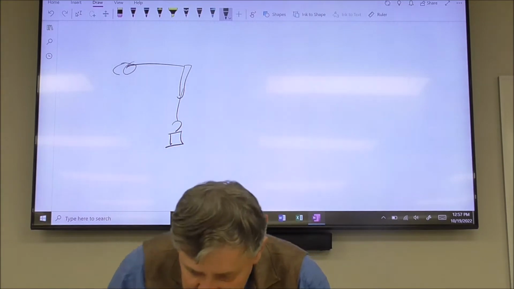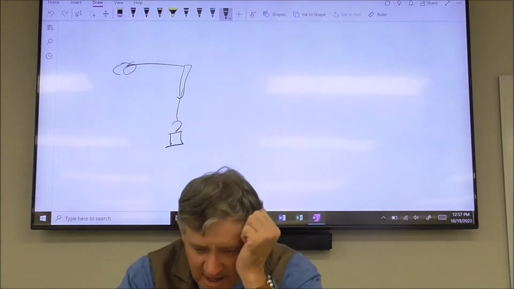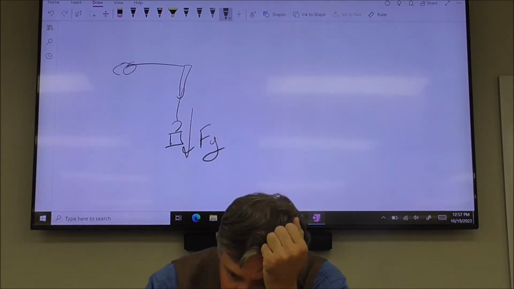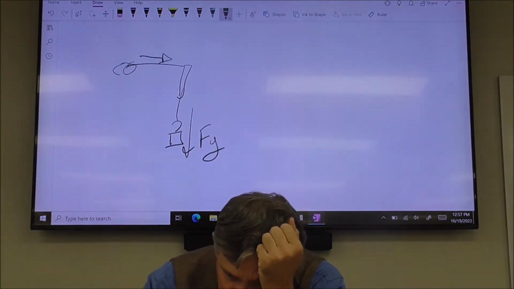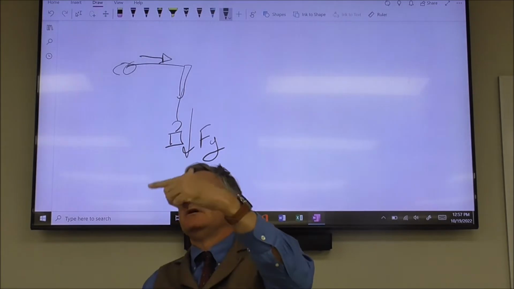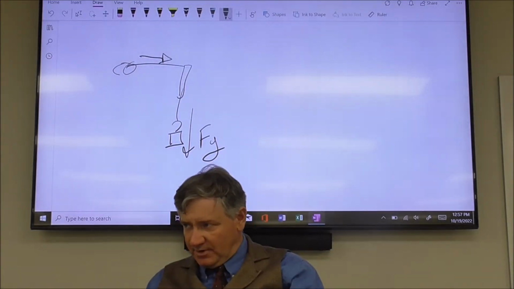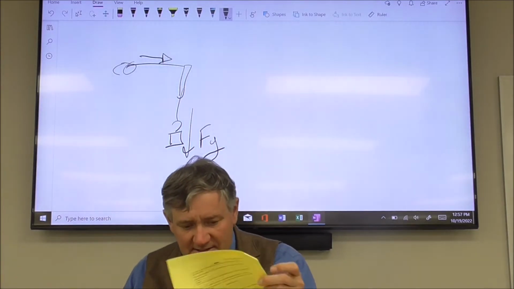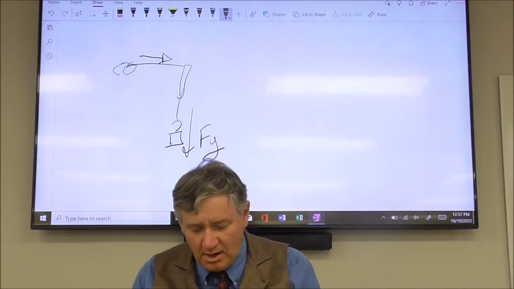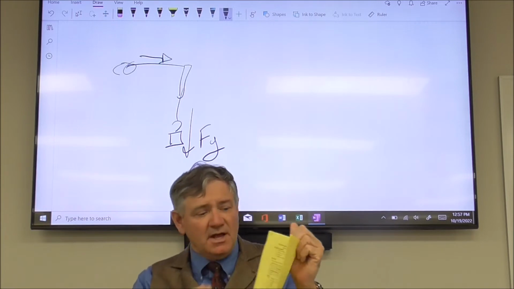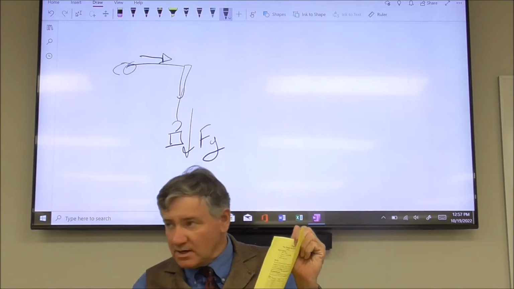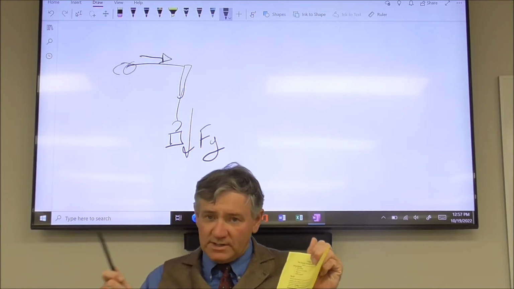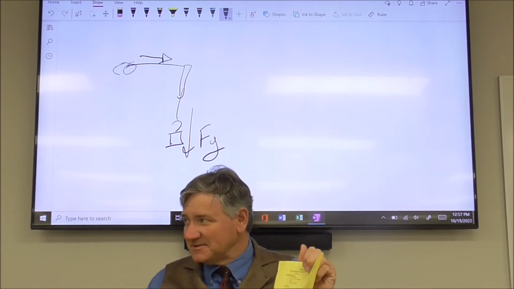The first assumption is that whatever the weight is on the end of the string is what's creating the centripetal force to keep the rubber stopper moving around. So on that data table, the column that says centripetal force is just going to be the weight of whatever's hanging down. Initially, we're going to change the weight.